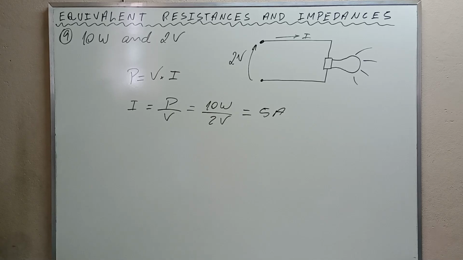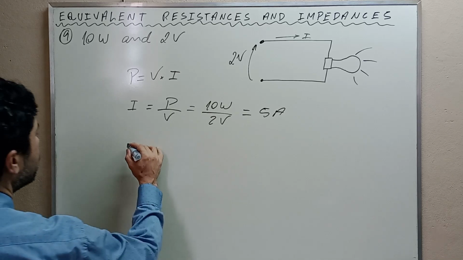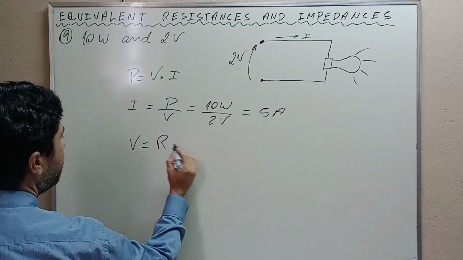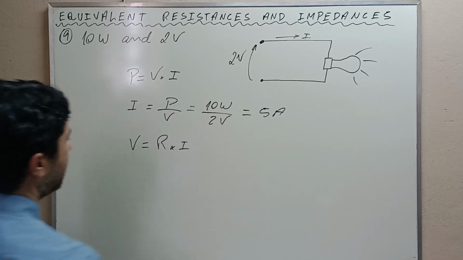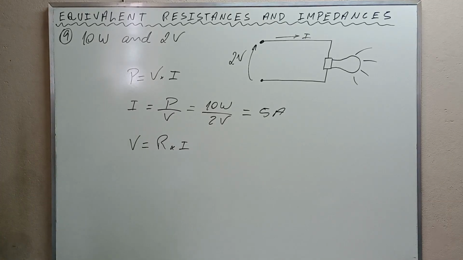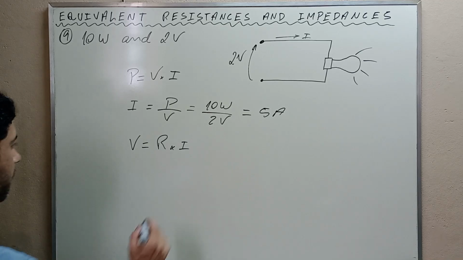Likewise, we can use that voltage is equal to resistance times current. From this expression, we find the value of the equivalent resistance.